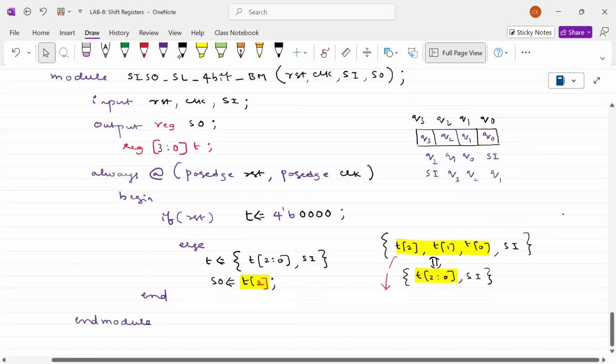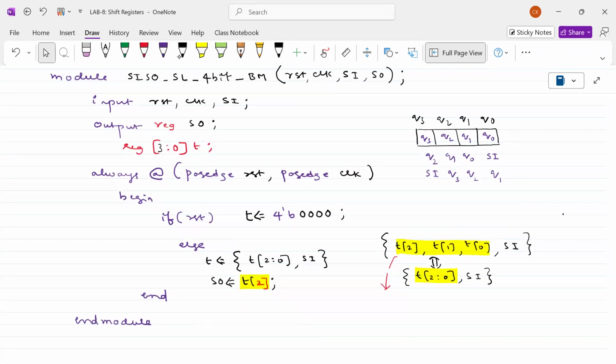Because otherwise, if you're not writing this, what will happen? S naught is only single bit information. You're not able to do this kind of thing. At the later part we can see that S of 0 will take the T of 2. What is that? Error file.